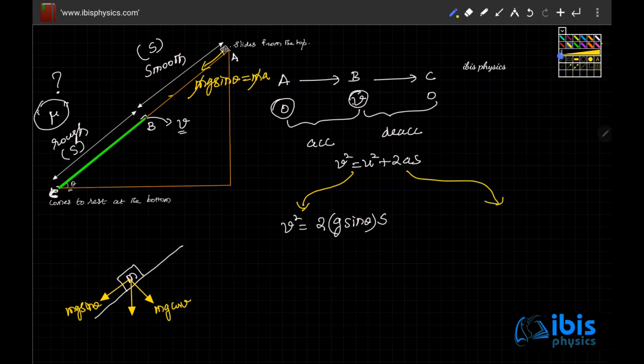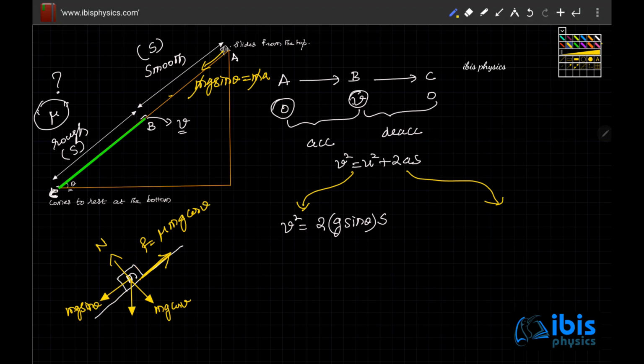Because the surface is rough, there is a coefficient of friction mu. When the block slides down, the friction acts in the upward direction. That frictional force is equal to mu times the normal reaction, and the normal reaction is mg cos theta, so it is mu mg cos theta.